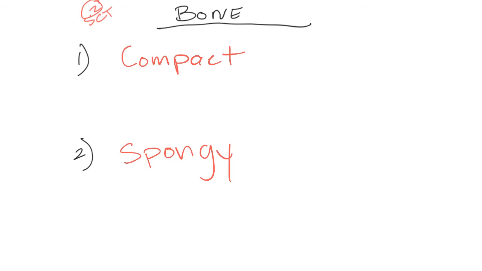Compact bone is very hard. So the outside of your bones is all compact bone, especially the hollow parts of your long bones.